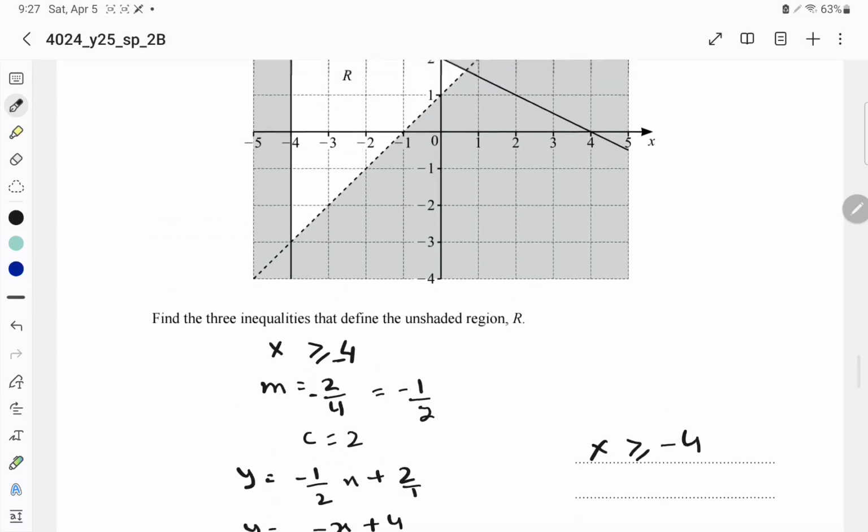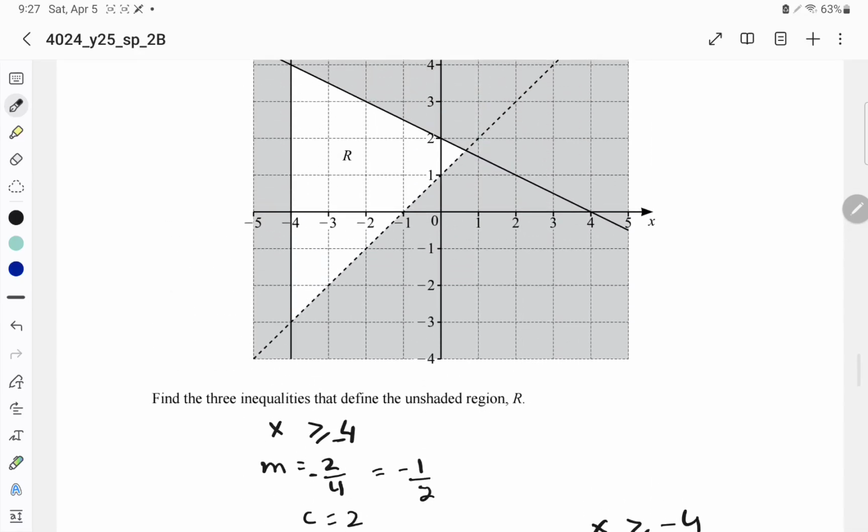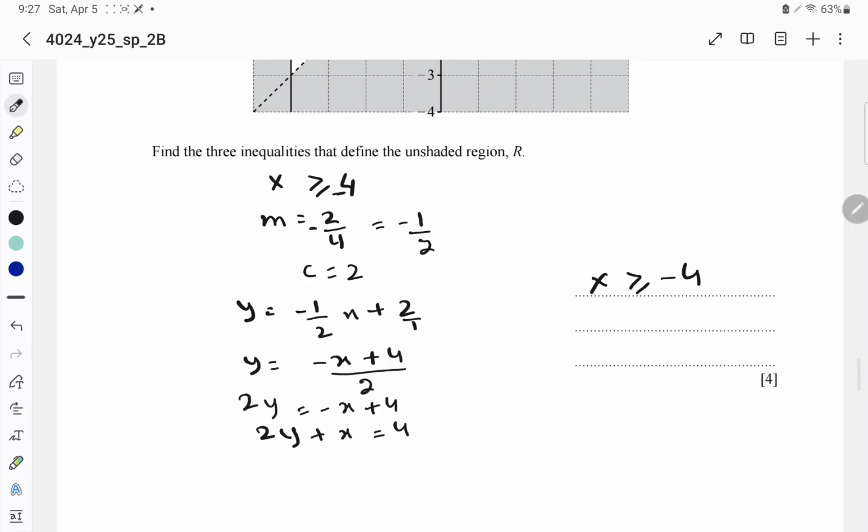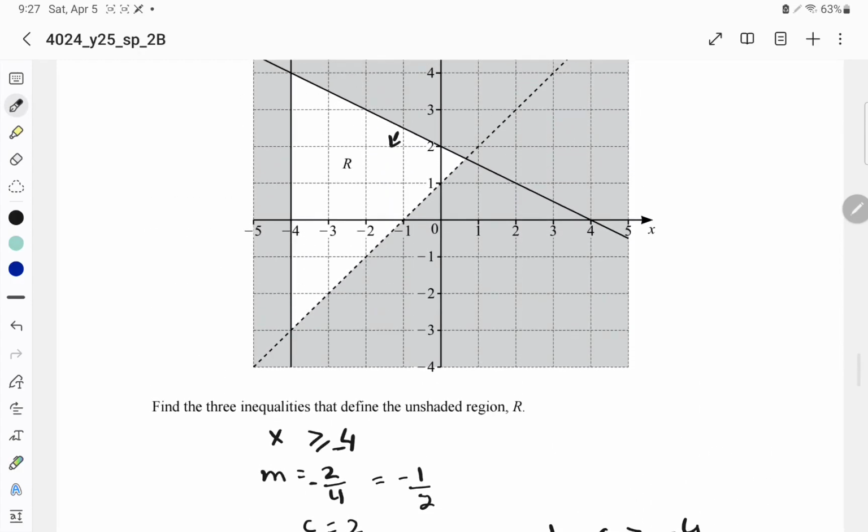And for this line, you can see the region is below the line, so that is less than or equal to 4. So x plus 2y is less than or equal to 4. You can even write down here that y is less than or equal to minus half x plus 2. That's also okay.